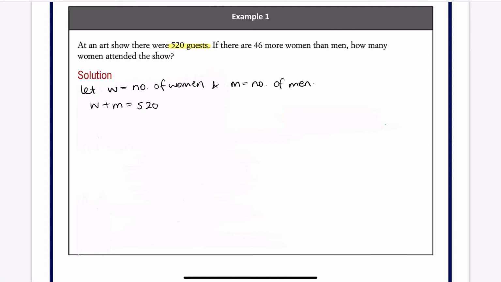Secondly, there are 46 more women than men. So men plus 46 equals women. These are our two equations.